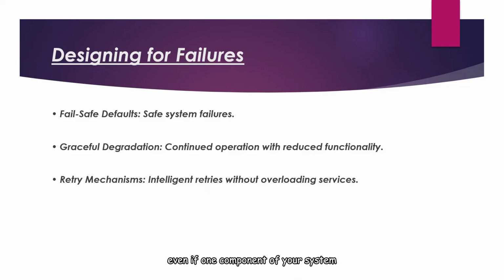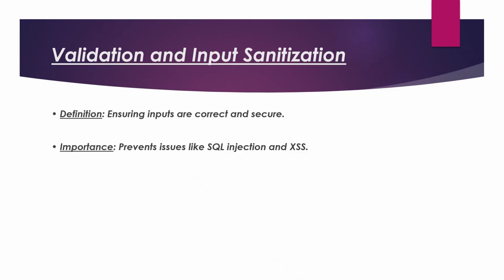This ensures that even if one component of your system fails, the rest of the system continues working. For example, in an e-commerce site, the ability to browse products could continue even if the checkout service is temporarily down. Finally, retry mechanisms allow your system to try an operation again after a failure. This can be especially useful when interacting with unreliable external services like APIs or databases by giving them a chance to recover without interrupting the user experience.